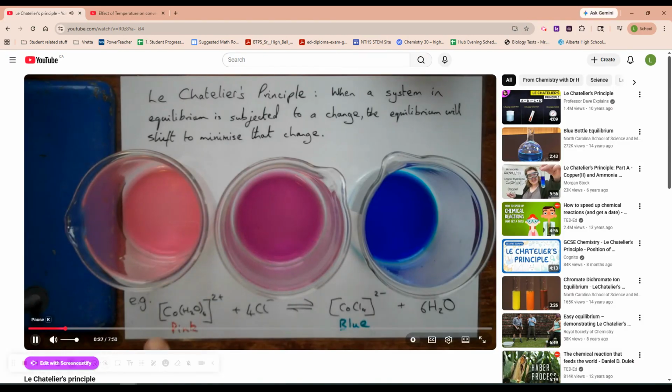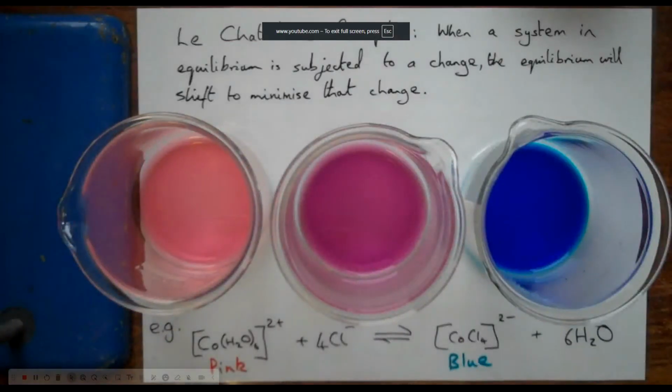Now, on my left, I've got a chemical called cobalt chloride, but it's dissolved in water. Cobalt chloride in water produces a pink solution due to a cobalt ion which has 6 water molecules bonded to it. You don't need to know that formula at GCSE. At A2 you do, but that's another story.